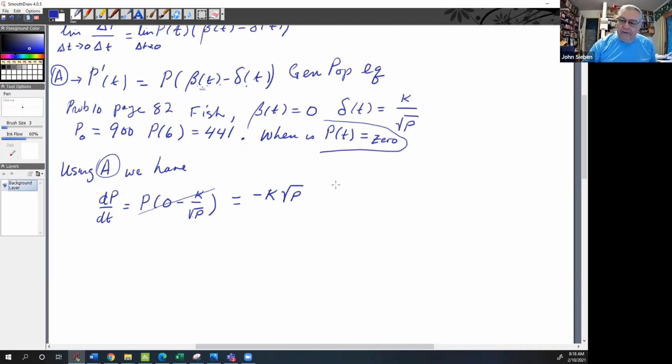So this is what kind of a differential equation? This is a first order, and its variables are separable, because I'm going to be able to put all the P and the dP on the left-hand side and only the t and the dt on the right-hand side. Now, if we wanted to add more terminology here, it's also an ordinary differential equation, because there are no partial derivatives.